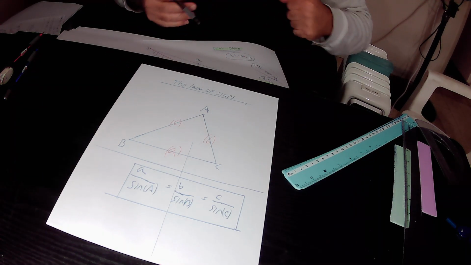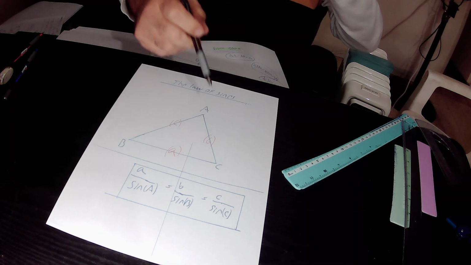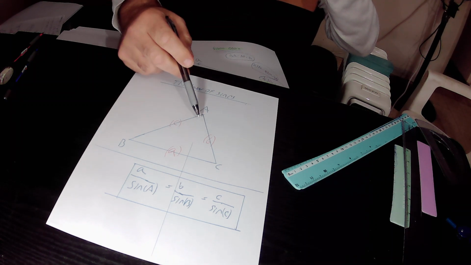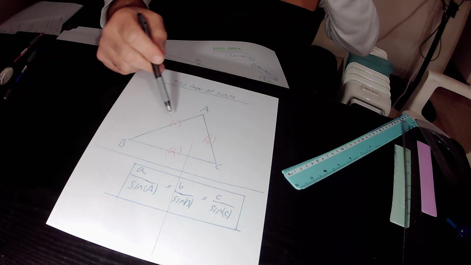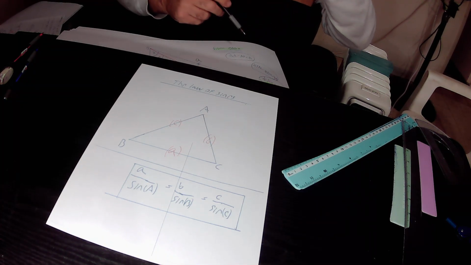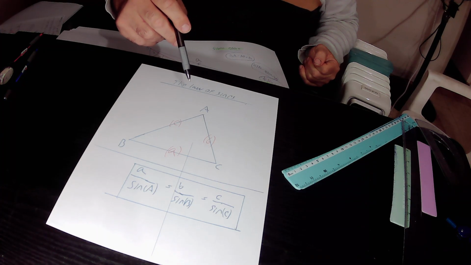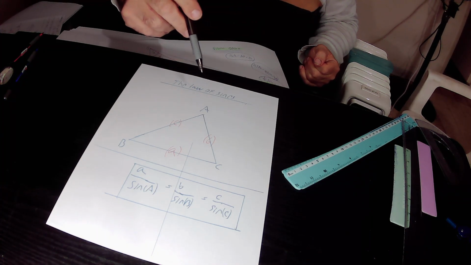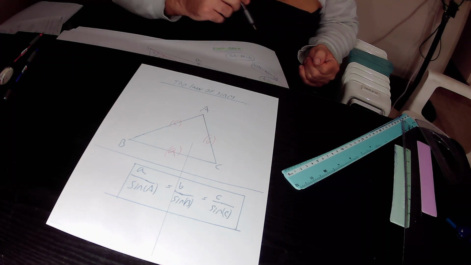So in this triangle ABC, that could be any triangle, the following equation is true according to the law of sines: a over sine A equals b over sine B equals c over sine C.